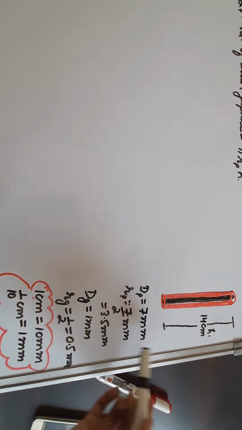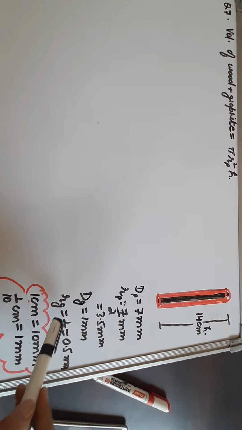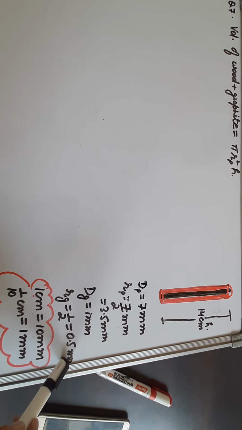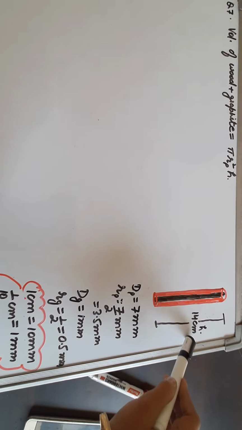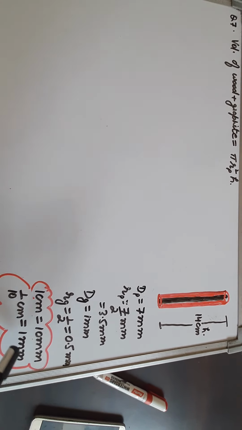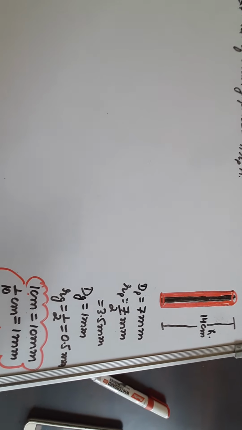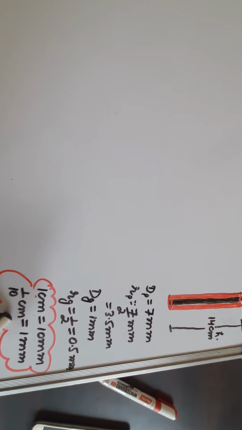But the point is that the height is given in centimeters and the radius or diameter is given in millimeters. So we have to convert either centimeters into millimeters or millimeters into centimeters. Because we are going to calculate the volume, we will use the bigger unit, centimeter.